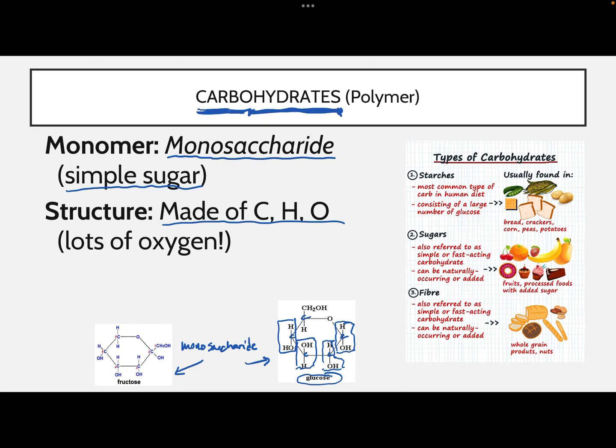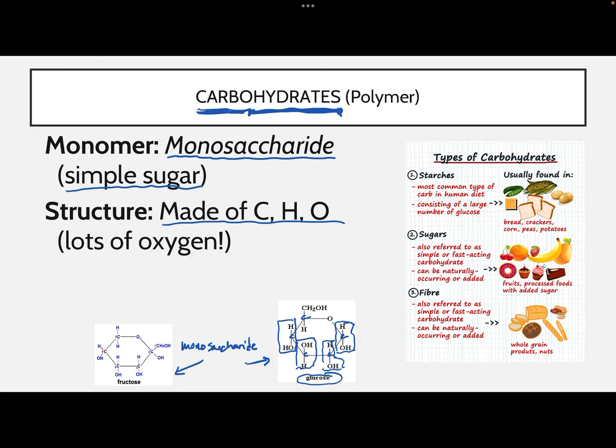In this molecule, those H's and the O do not take the form of liquid water. It's not an actual water molecule physically attached to a carbon atom. It's a different thing, but it's made of the same stuff. One carbon, two hydrogen, one oxygen.